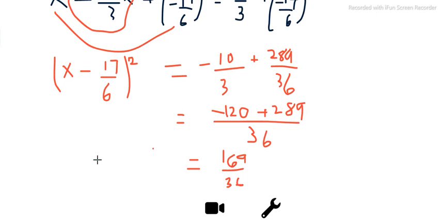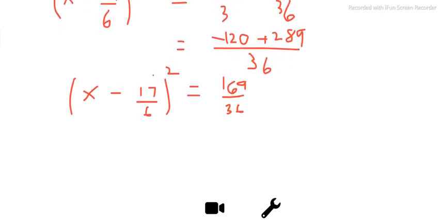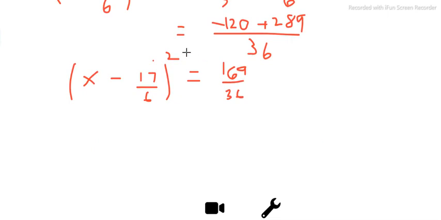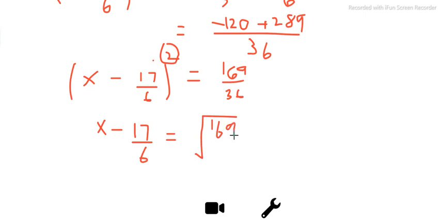So what we now have is x minus 17 over 6 all squared equals 169 divided by 36. So we now remove this square by taking the square root. When we take the square root, this square will no more appear here. We now have x minus 17 over 6 equals the square root of 169 over 36.